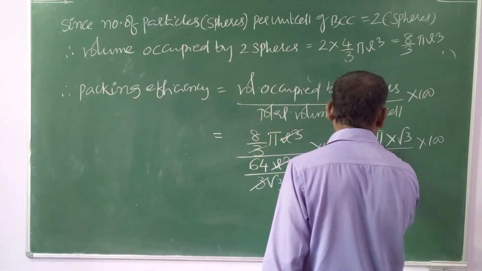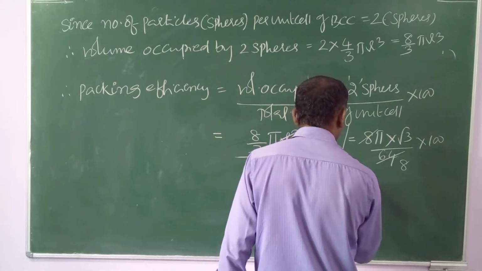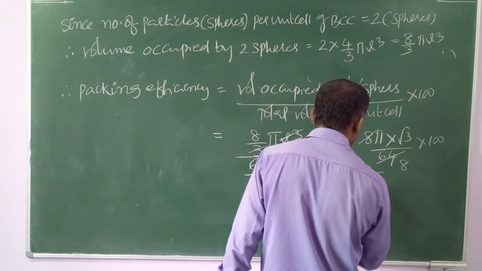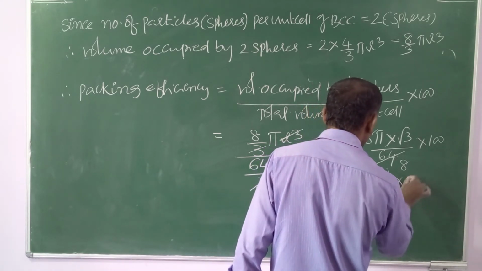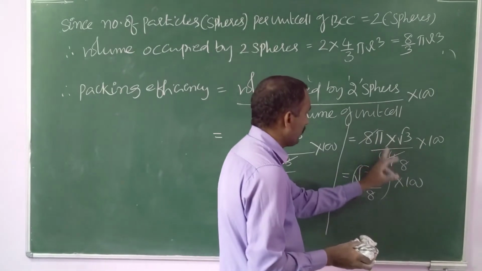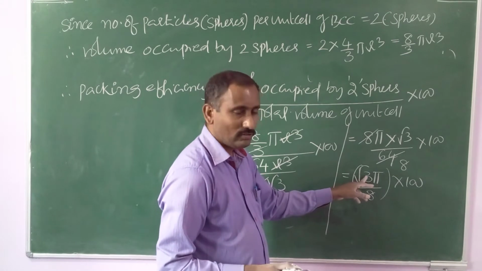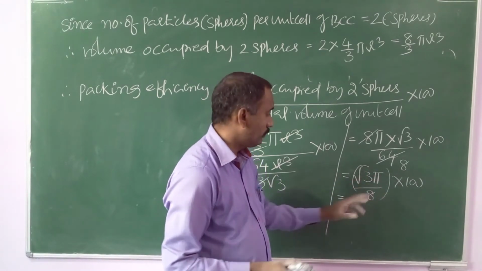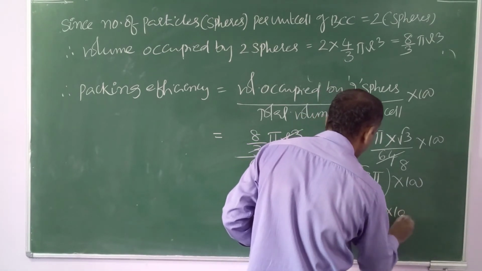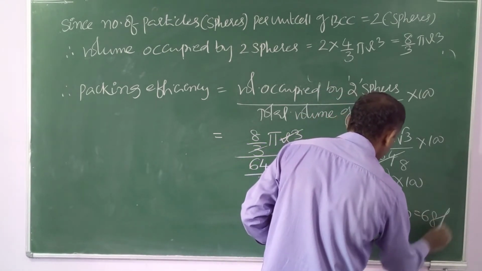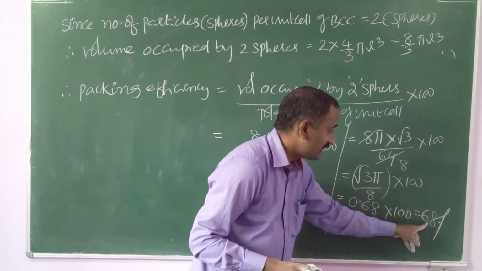Here 8 times, therefore root 3 pi by 8 into 100. If you calculate root 3 pi by 8, with root 3 as 1.732 and pi as 3.14, by 8, you will get 0.68 into 100, which means 68%. Therefore in BCC, packing efficiency is 68%.